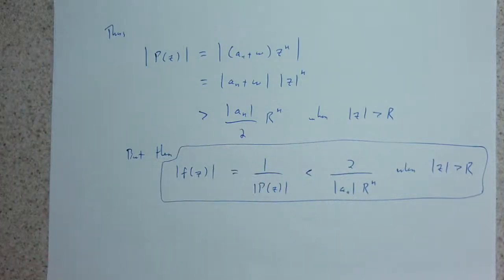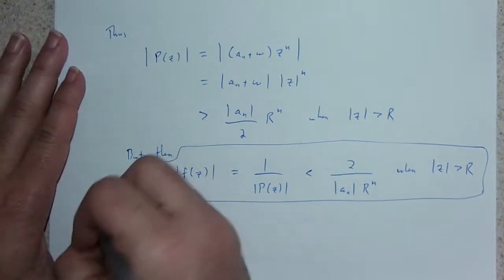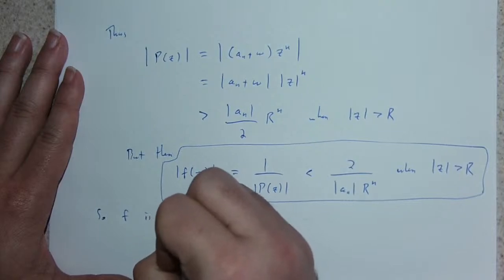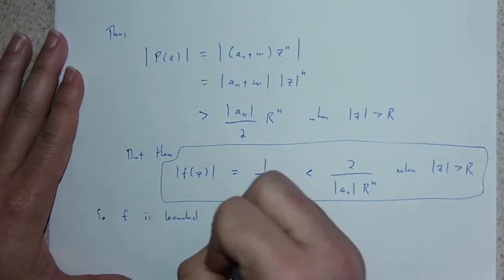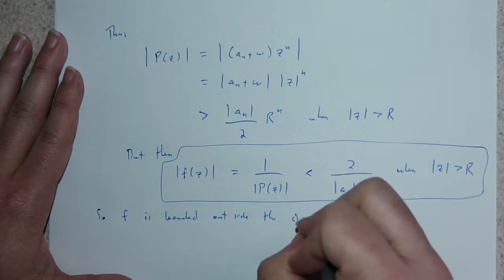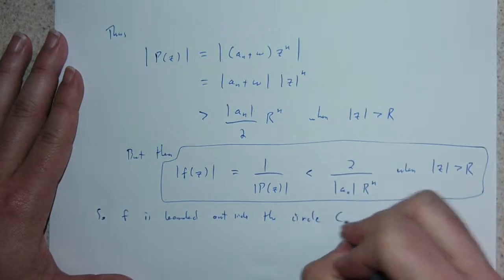It's bounded inside the circle by the max-min theorem. So f is bounded outside the circle C sub R.